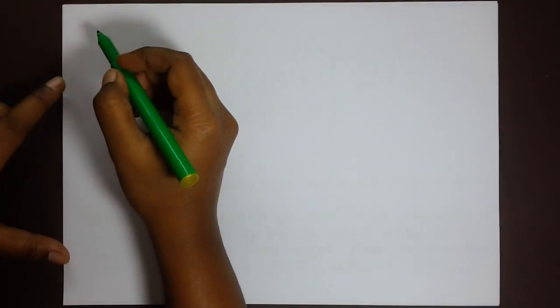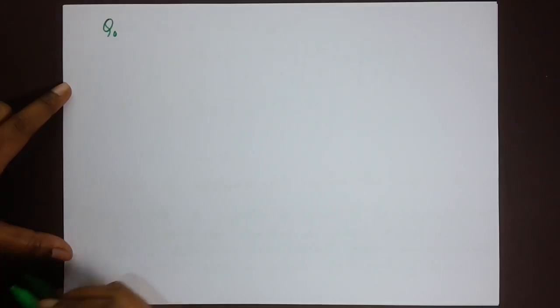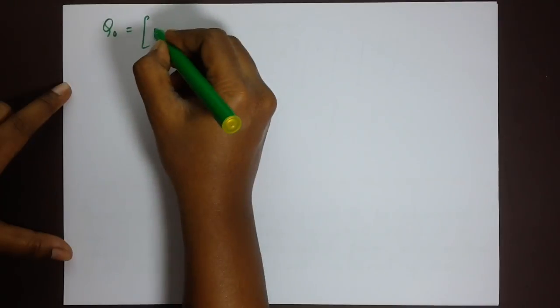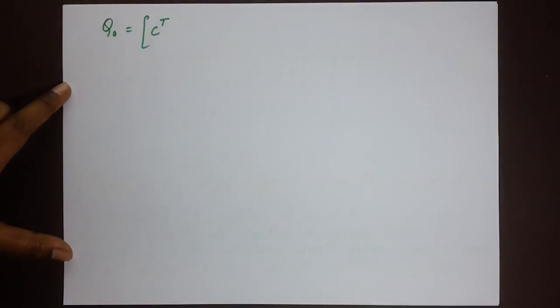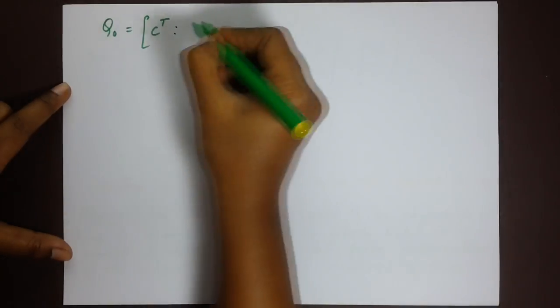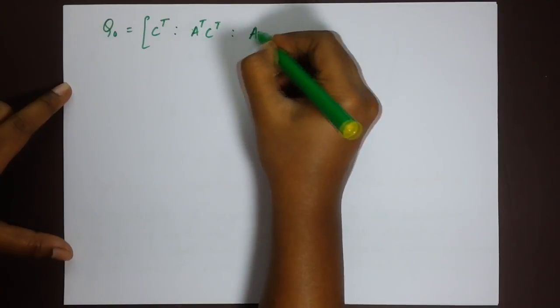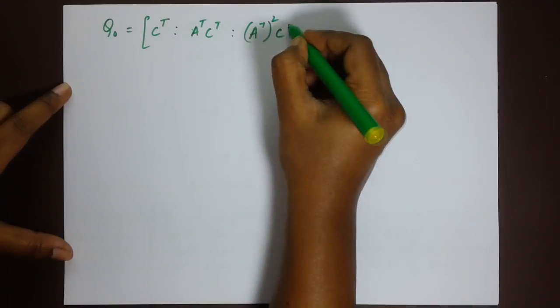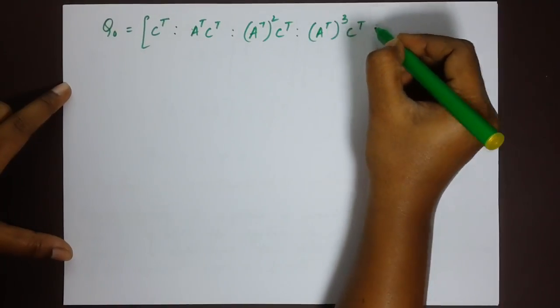In the previous part, when we were working on controllability, we found a matrix Qc. In this case, we are going to work out a matrix Q0. Q0 is built based on the transpose of the output matrix C: C transpose, then A transpose C transpose, then A transpose square C transpose, A transpose cube C transpose, and so on.